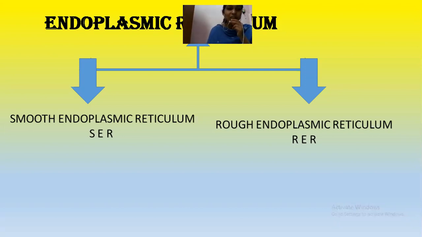So the major difference is that the rough endoplasmic reticulum is associated with ribosomes, whereas the smooth endoplasmic reticulum is not associated with any kind of ribosomes.